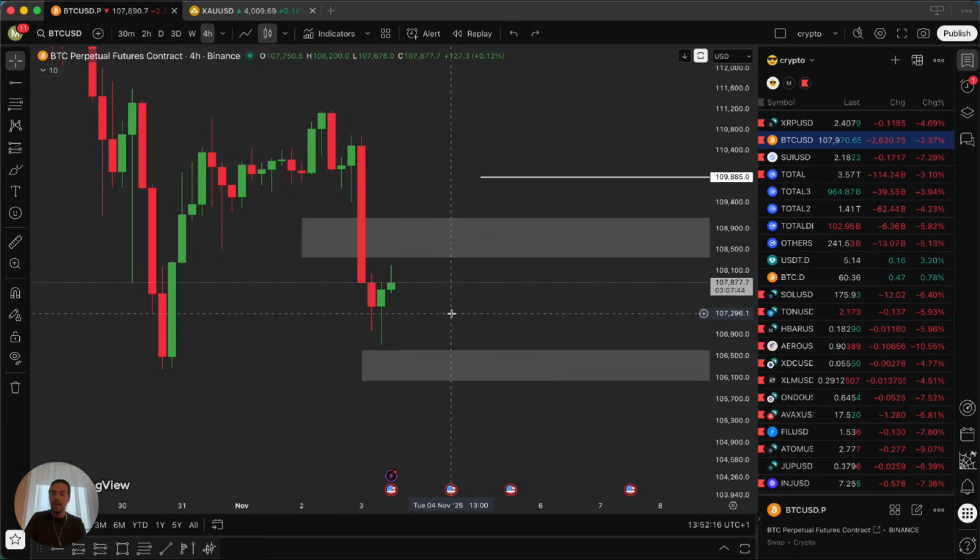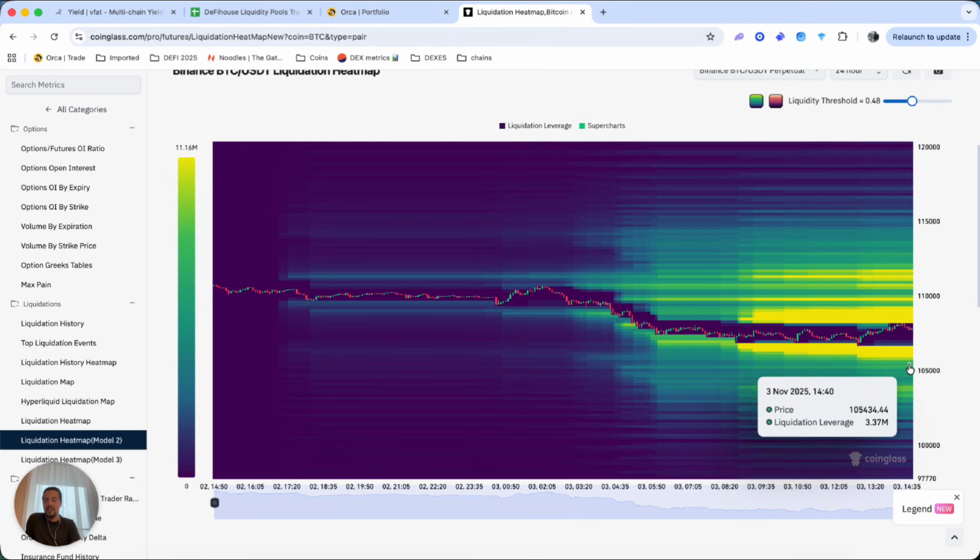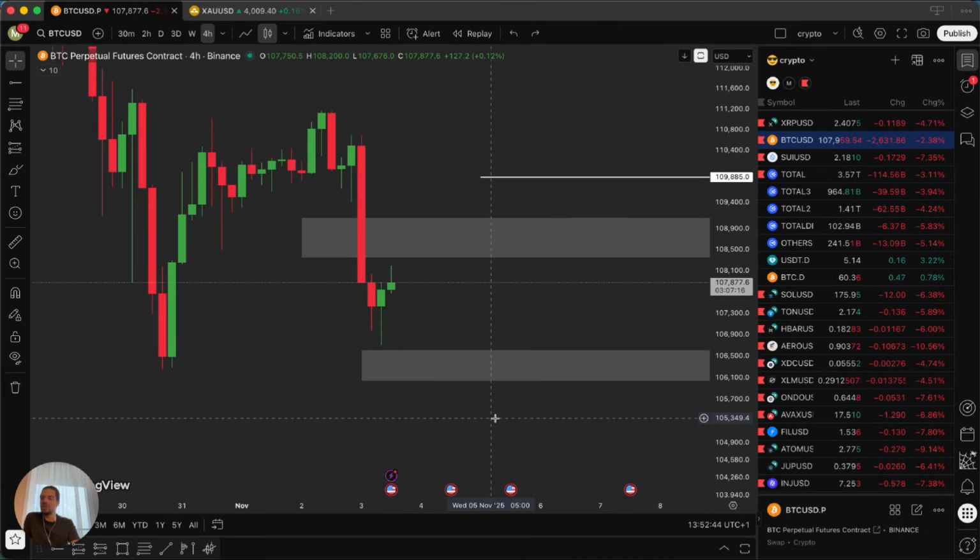On the other hand, you can clearly see that there is not a significant amount of liquidations from the lower perspective, meaning that most of the liquidations are above the current price. So this can also suggest that there is no point for the market makers, so to speak, to send the price much lower than this region, because there are not many volumes, leveraged positions, liquidation orders and stop losses sitting below this current area.